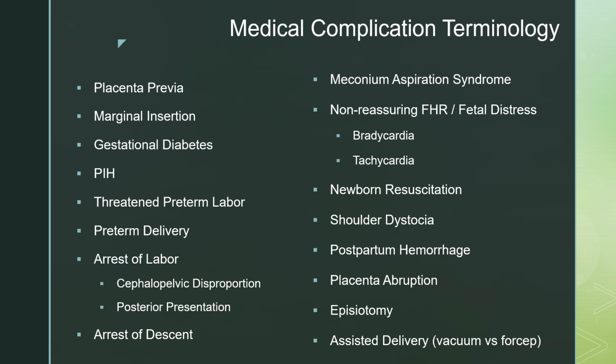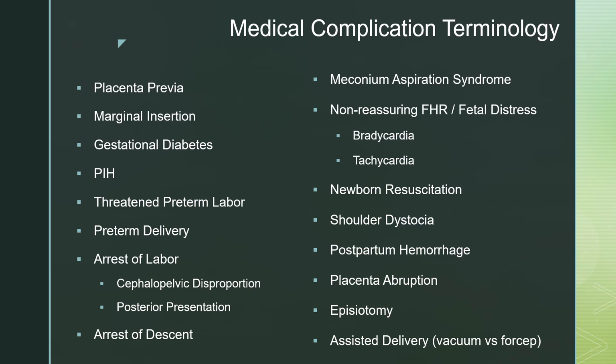PIH has to do with pregnancy-induced hypertension. There are newer algorithms out there, depending on the stage, if it's diagnosed before 20 weeks or after 20 weeks. And then if there are labs that are abnormal, it'll switch to preeclampsia. So there's a lot with PIH, and that's closely managed with a doctor, and they may or may not be a good candidate for out-of-hospital birth.